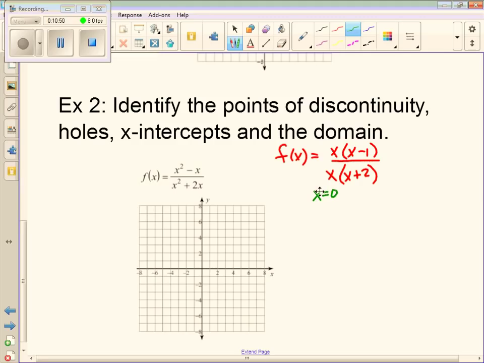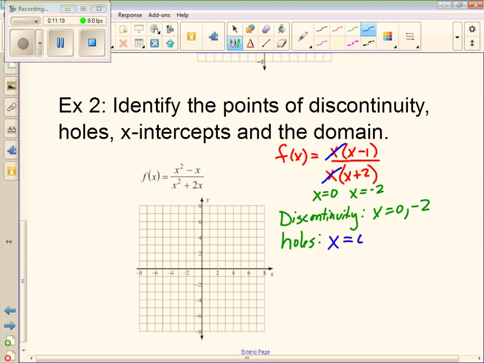These are our points of discontinuity: x equals 0 and -2. Looking at the holes, is there something in the numerator and the denominator that will cancel out? And there sure is. We have our x factors, so our hole is at x equals 0.